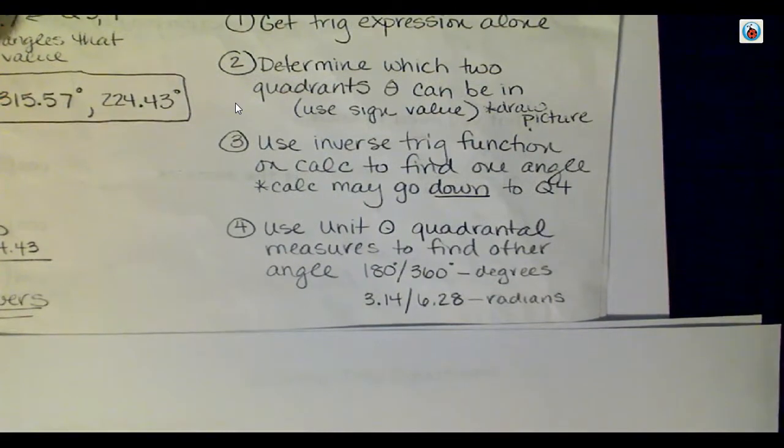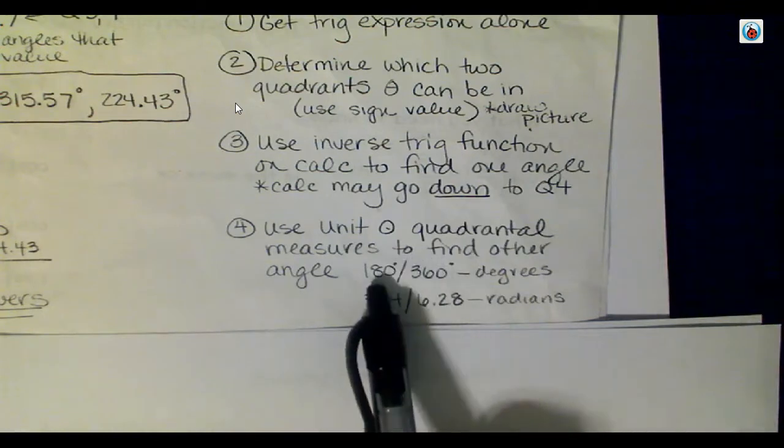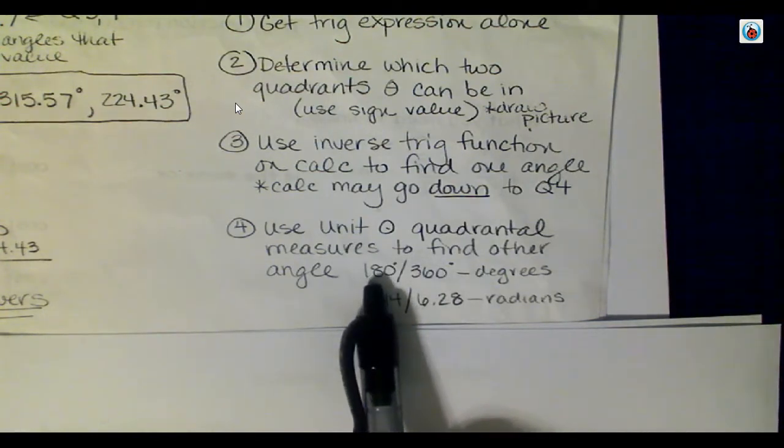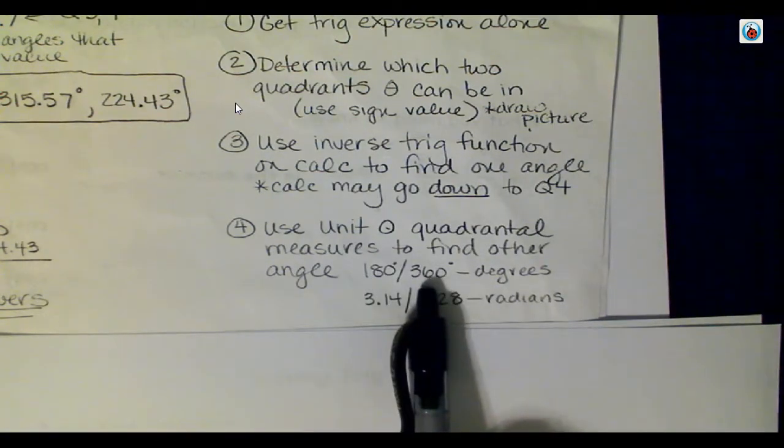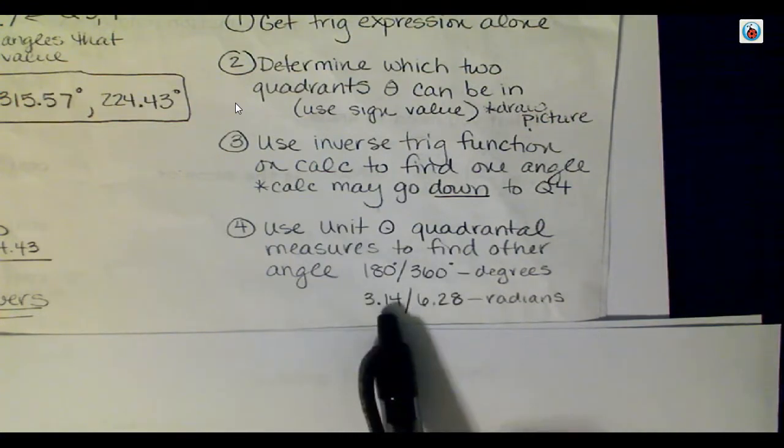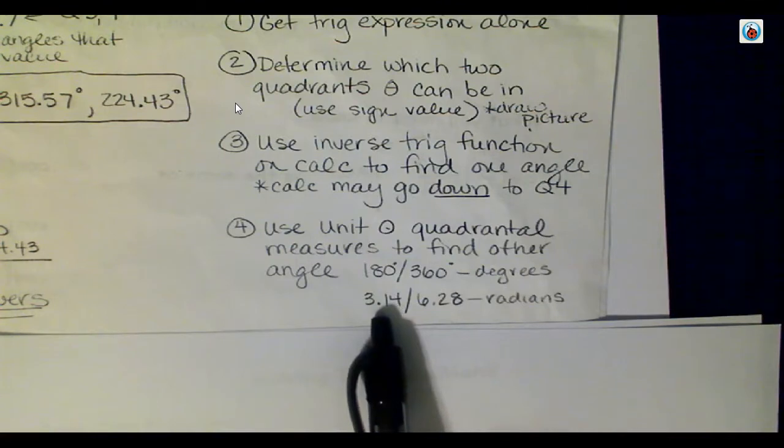And then lastly, we're going to use the quadrantal measures to find the other angles. Okay. Now notice that we're mainly using 180 and 360, which is on the x-axis. Okay, and we're actually going to be using a value for pi now because we want roughly the actual values and the angles.